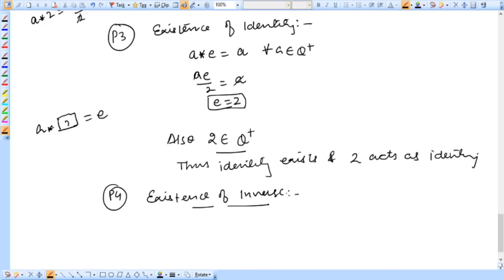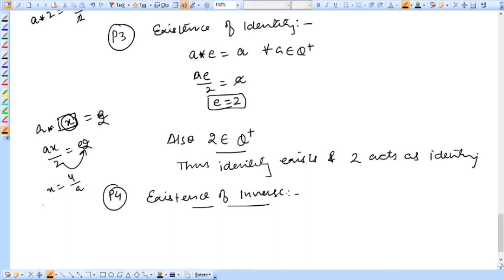What could be such an element? Let us assume this element is x, then it becomes ax by 2 is equal to identity, which is 2. So taking it to the other side, x becomes equal to 4 upon a.